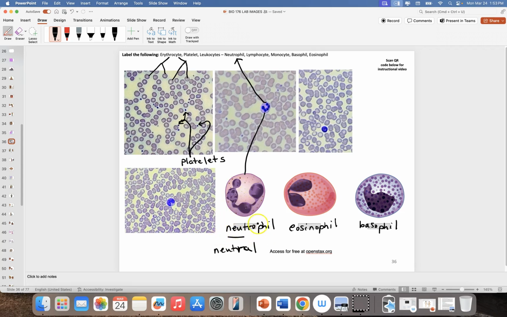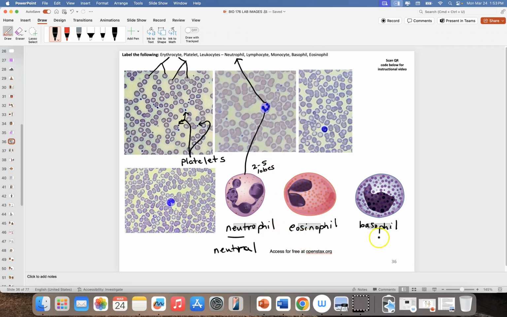So this neutrophil nucleus is going to have 2 to 5 lobes. And we can see that here. We can see we've got 1, 2, 3, 4 in our drawing. And then we can also see several or many in the picture that I took in lab. In fact, we can see 1, 2, 3, 4 to 5 here.